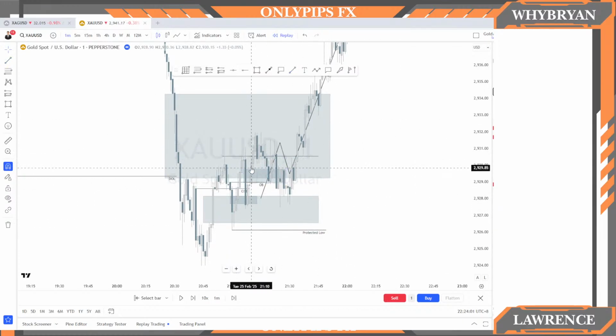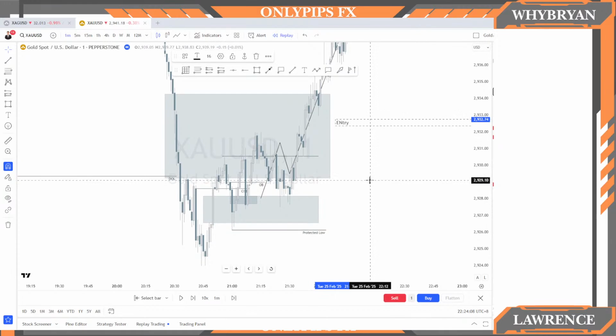So how do we get an entry? Easy. Let me type it out. Entry model. The first types: some people use OB, some people use fair value gap, some people use breaker. Okay, order block.